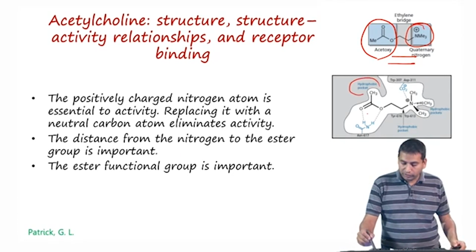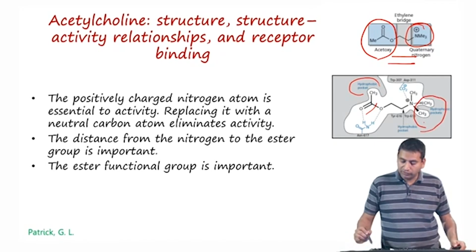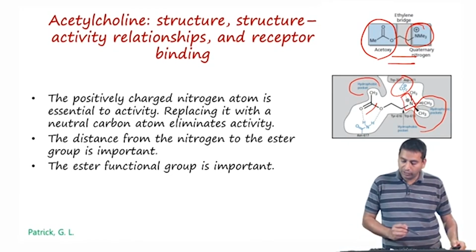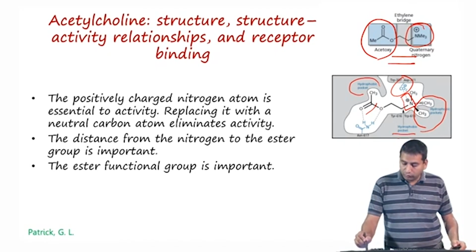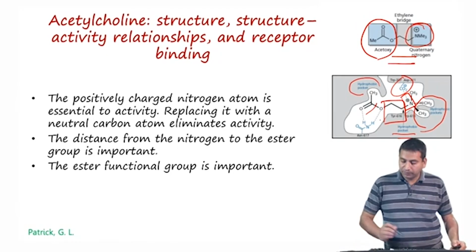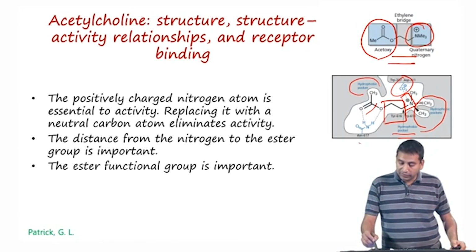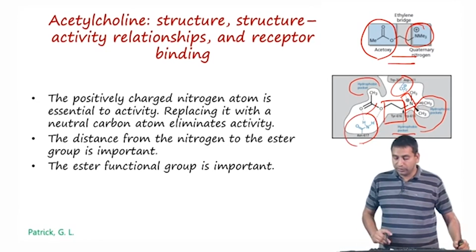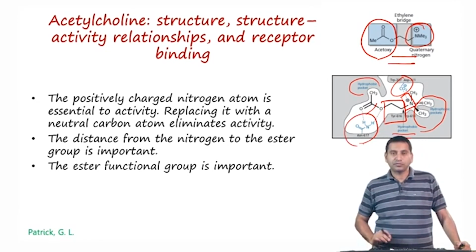There is a hydrophobic pocket to which the acetyl group binds, and a hydrophobic pocket to which these methyl groups bind, and there is an aspartate which interacts through ionic bonding with the positively charged nitrogen. There is another hydrophobic pocket which binds to this bridge. And lastly, this acetyl group also interacts with asparagine at 617.